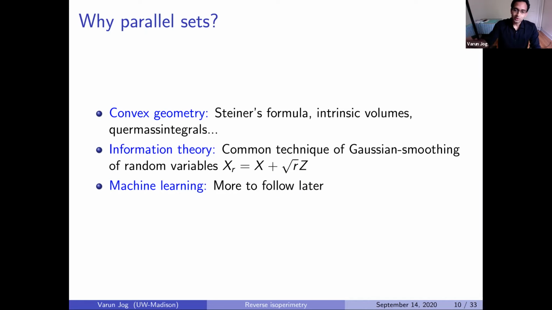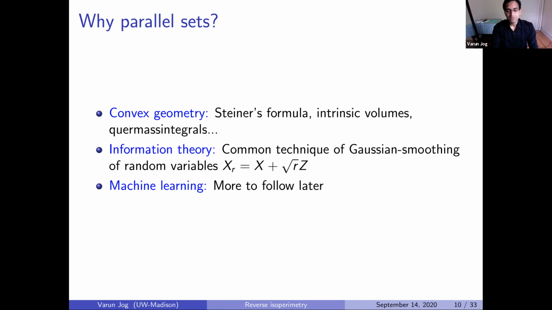Then you prove whatever inequality you want to prove, and take the limit as the smoothing goes to zero to prove your result. So on the geometry side, it seems like a natural thing to do: if you're adding a small Gaussian, then maybe what you should be doing is taking the set and adding a small ball to it, the Minkowski sum with a ball.